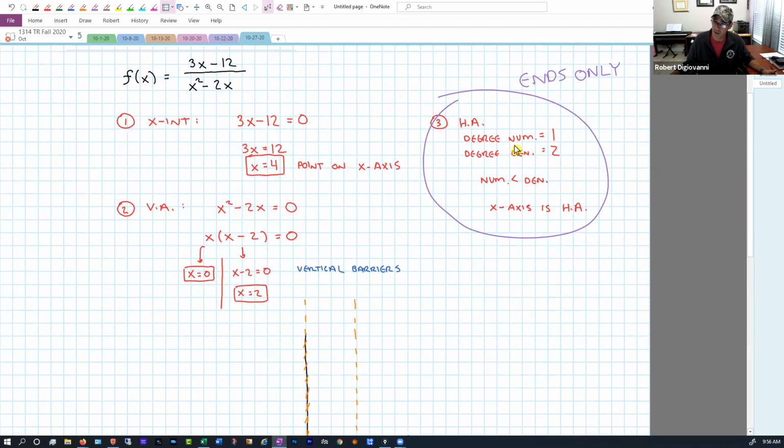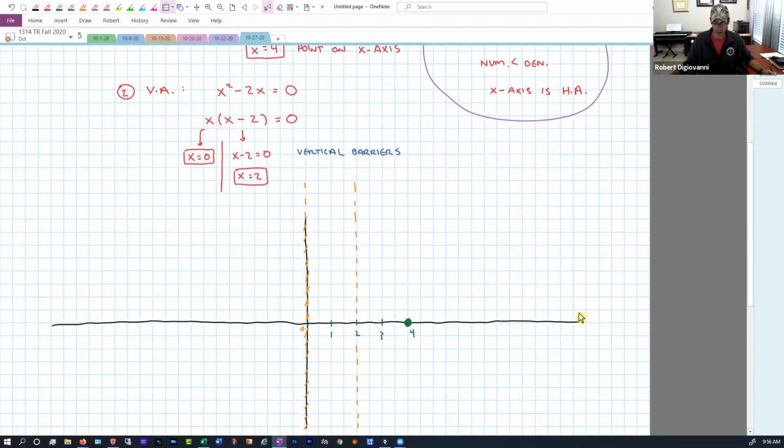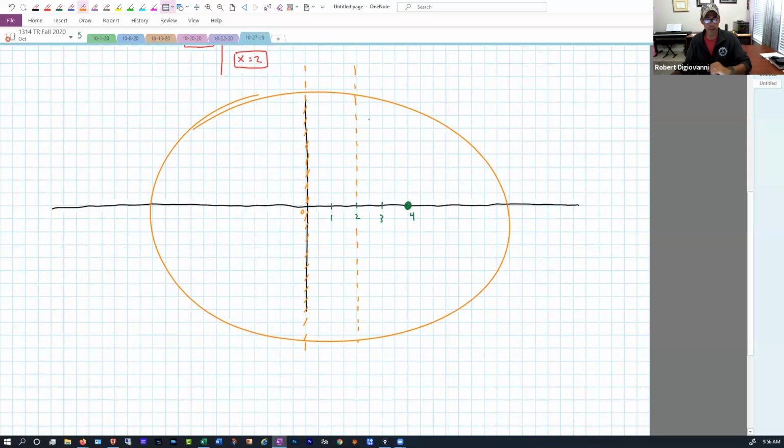We have a horizontal asymptote, right? We have a magnet that's going to pull our graph down. It's the x-axis, right? So here's the x-axis, but it only pulls my graph down at the ends. So this is a very important step, okay? When you draw, I'm going to draw a dotted line, okay? Because I want to represent where it's going to get pulled to, but I'm not going to draw the dotted line anywhere in the middle.